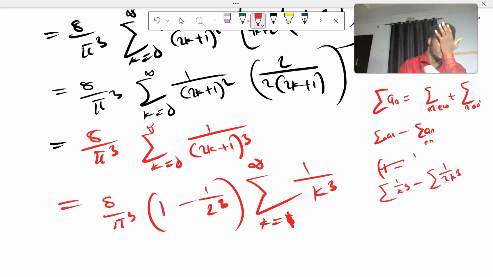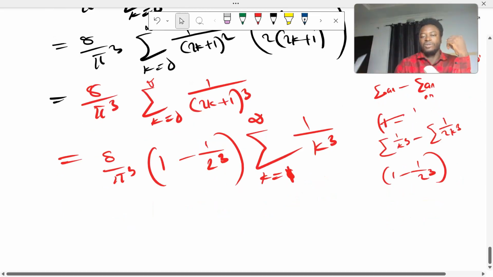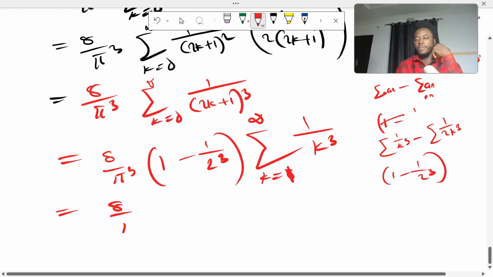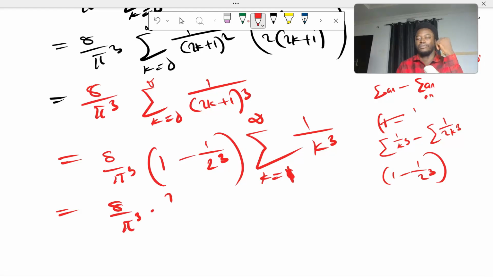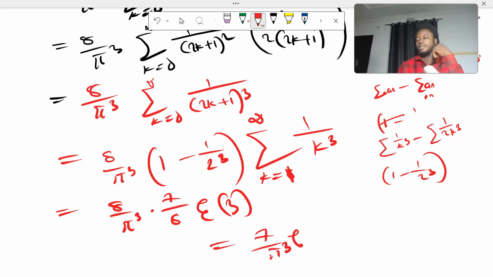That is why I did this. So you would have 8 over pi to the third power times 7 over 8 zeta of 3 by definition. So this is basically 7 over pi cubed zeta of 3.